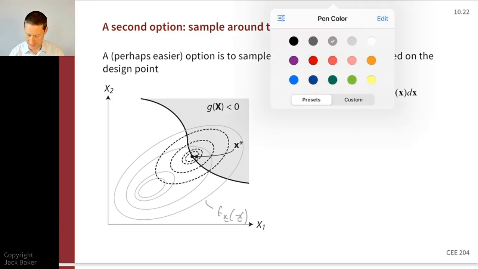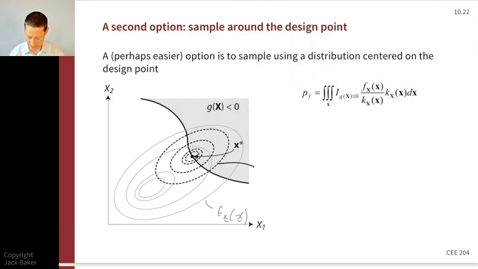Then the dashed black lines would be our sampling distribution contours. This is what I drew in red a few slides ago. So we'll get lots of samples around the design point. And if we think that's the most likely place to cause failures, that's a good place to take lots of samples from. And we could benefit from that, right?